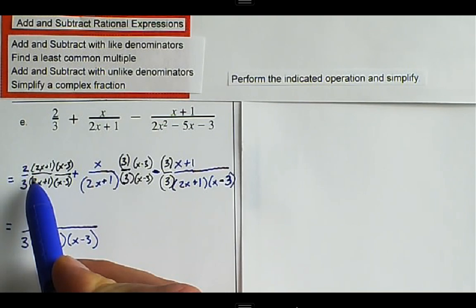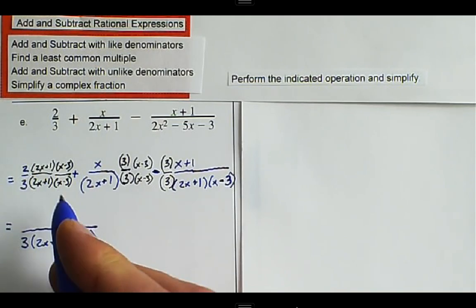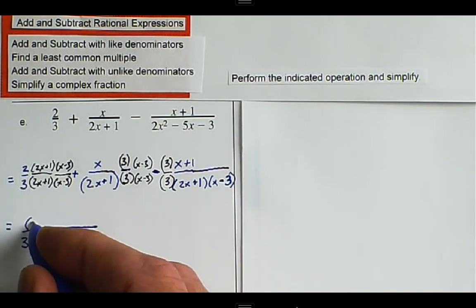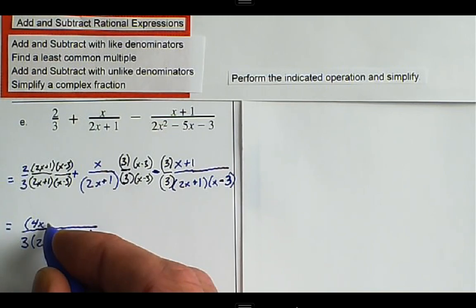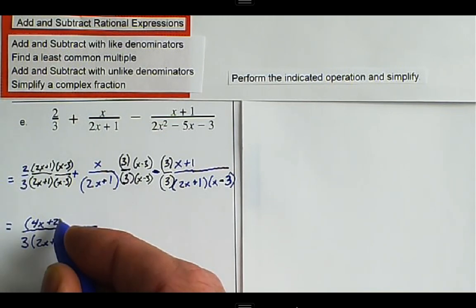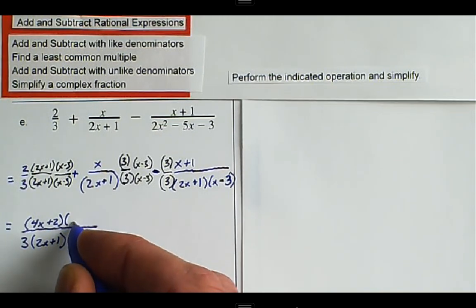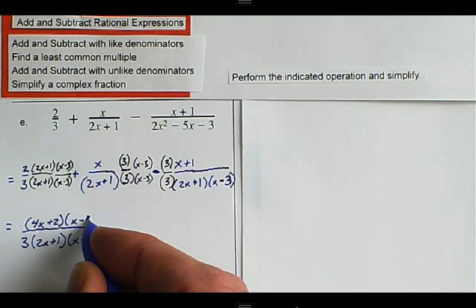So now we can multiply this through. And for the first one, we're just going to distribute the 2. So then we get 4x plus 2 times x minus 3.